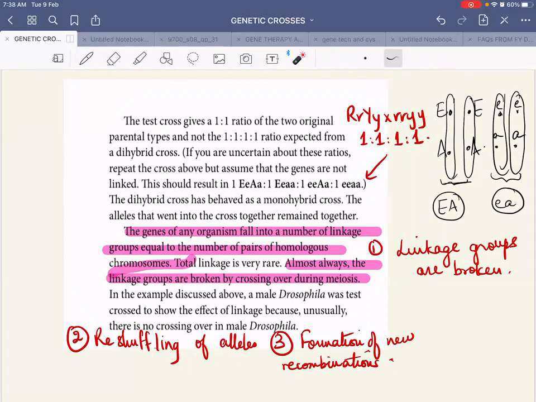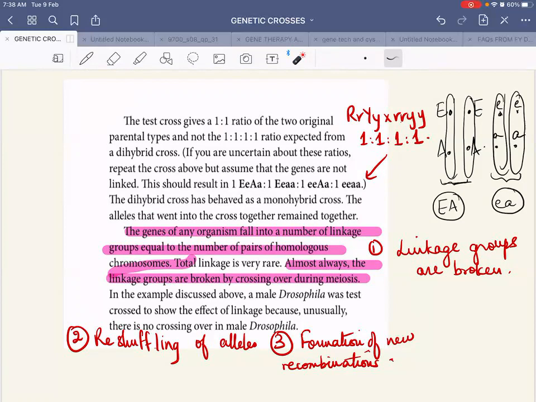As total linkage is rare and as crossing over is a common phenomenon, it is crossing over that will lead to the breakage of the linkage groups. They will be broken apart. It will lead to reshuffling of the alleles, hence resulting in formation of new recombinants. Since we are doing the example of Drosophila, I can tell you that in male Drosophila, crossing over does not occur.